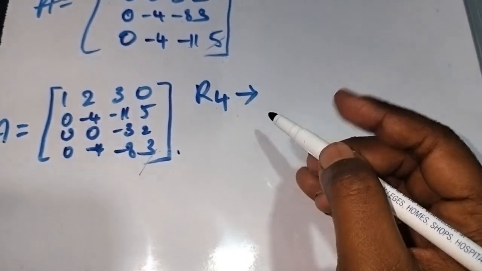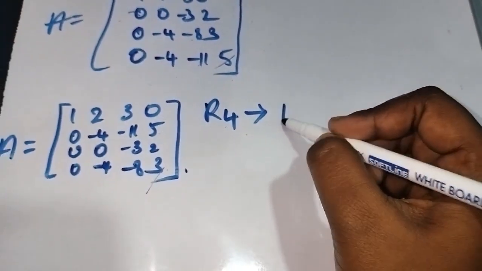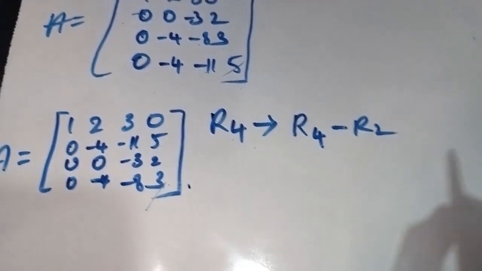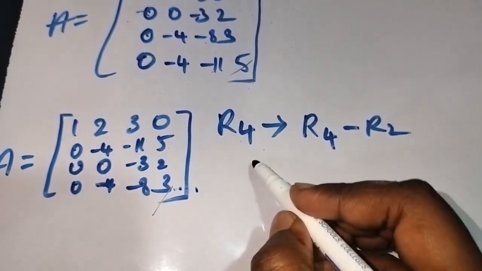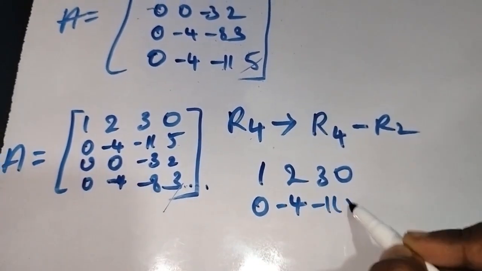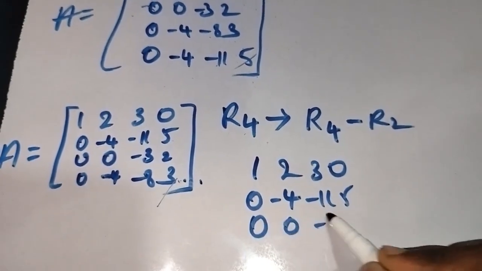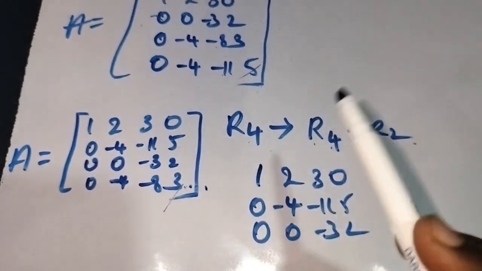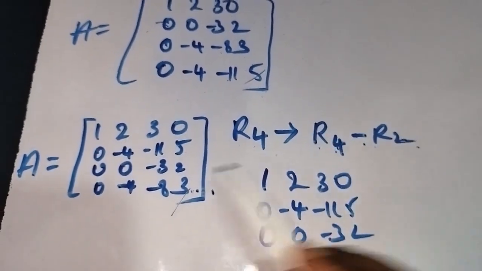R4 can be changed into R4 minus R2. The matrix is 1 2 3 0, 0 minus 4 minus 11 5, 0 0 minus 3 2. R4 can be changed as R4 minus R2.